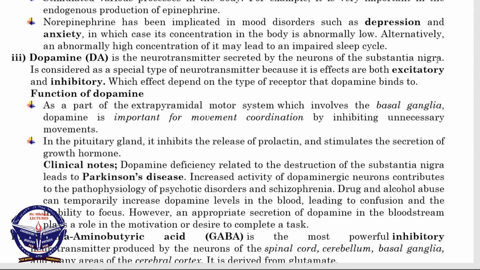Extrapyramidal motor system ina involve basal ganglia, na kazi yake ni katika control movement. Katika control movement, dopamine is very important. Na tukiondoa dopamine, tutasababisha mtu awe kama mkono wake una shake, yani unakuwa kama ni kuandika, hauwezi kuandika clear.